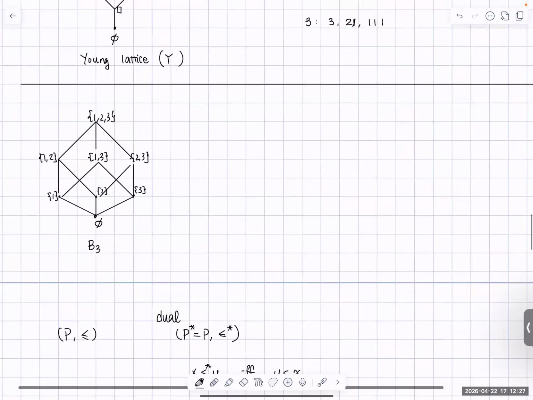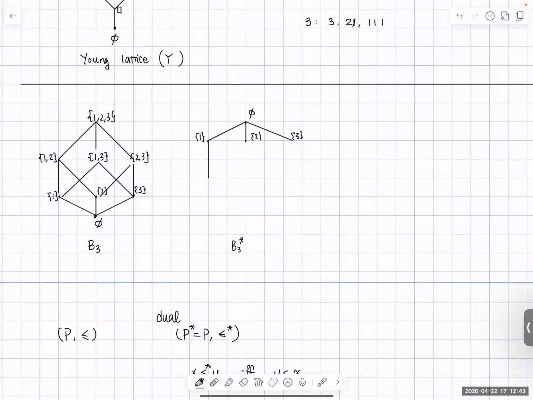So we can see that B3 star, if you flip it, then you will have the 0 here, and you have 1, 2, 3 here, the same thing. I'm just drawing it in the opposite direction. And then we'll have this one and this one. If I draw it like this, then this means 1, 2, this means 1, 3, this means 2, 3, and then we'll have 1, 2, 3 here.